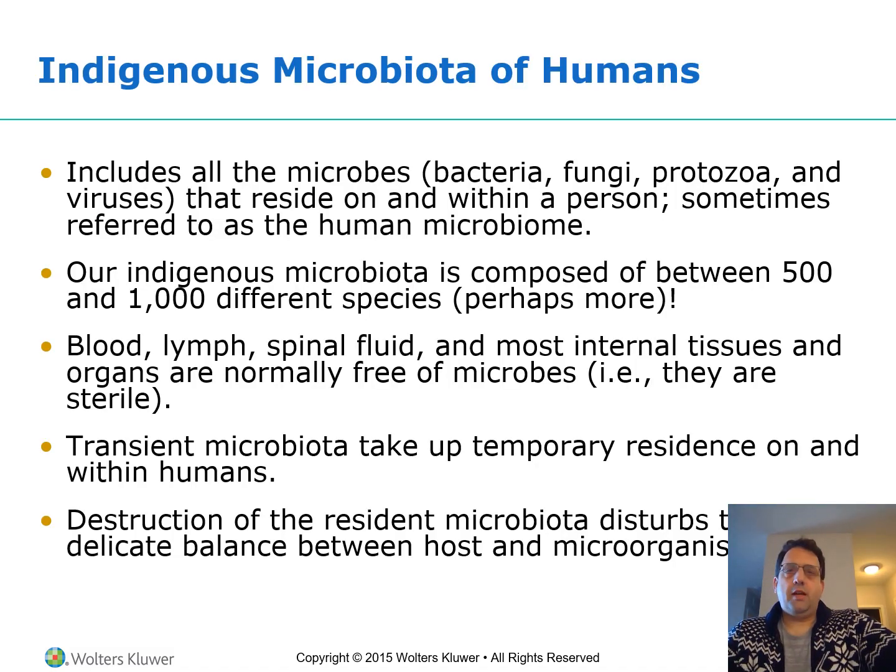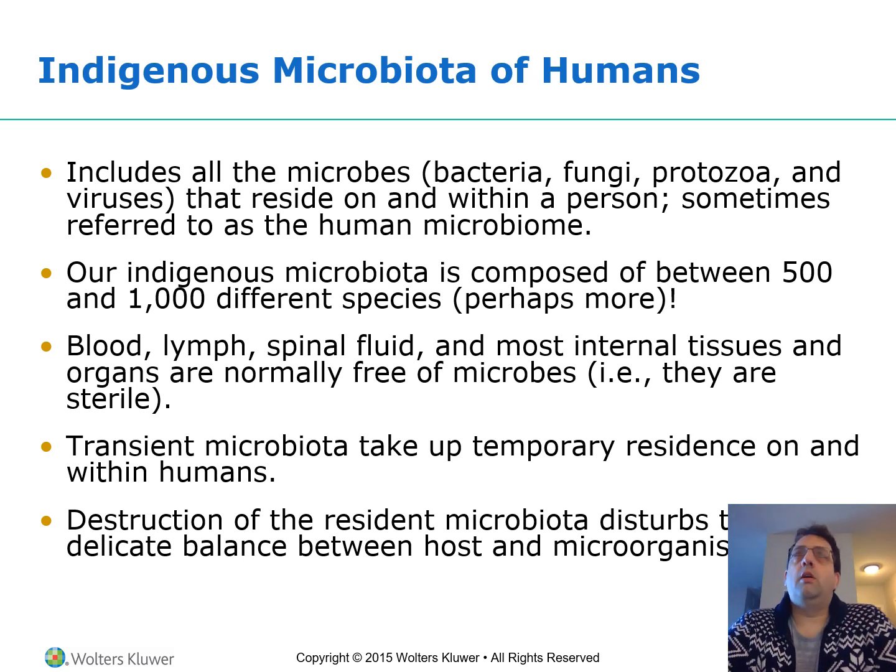Now, the indigenous microbes that we have on our bodies, bacteria, fungus, viruses, protozoans, all sorts of things, make up our little microbiome. There are about up to 1,000 different species of microbes that live on and in our bodies.